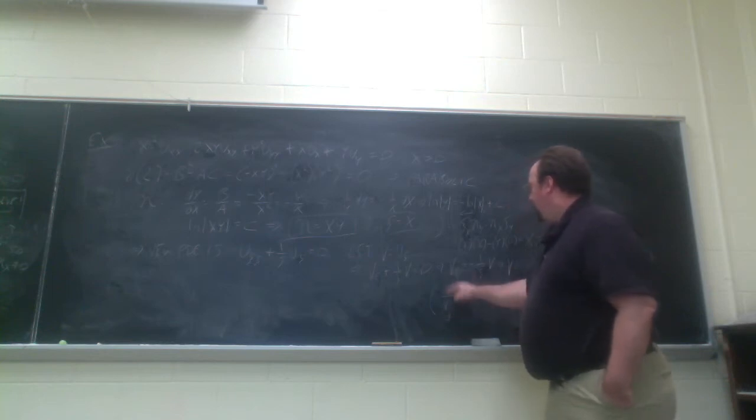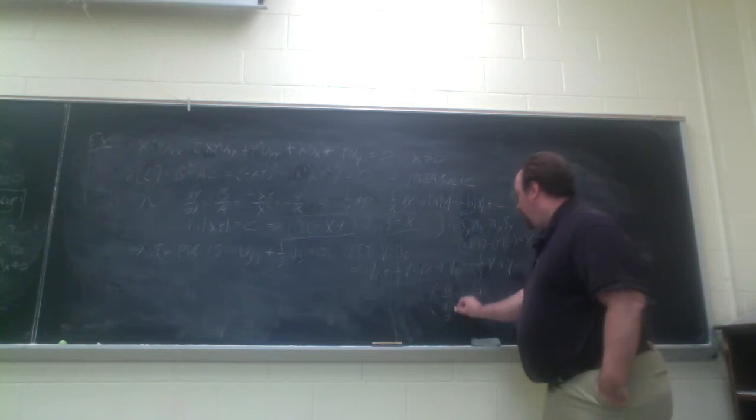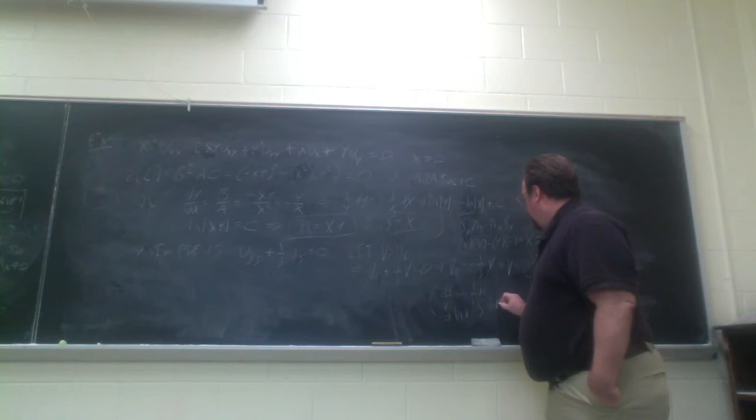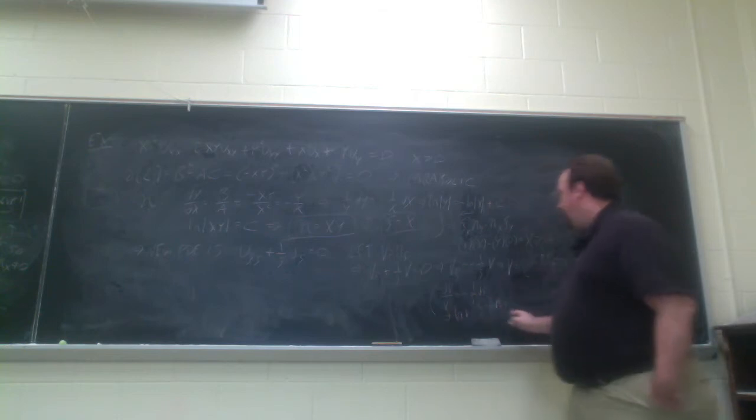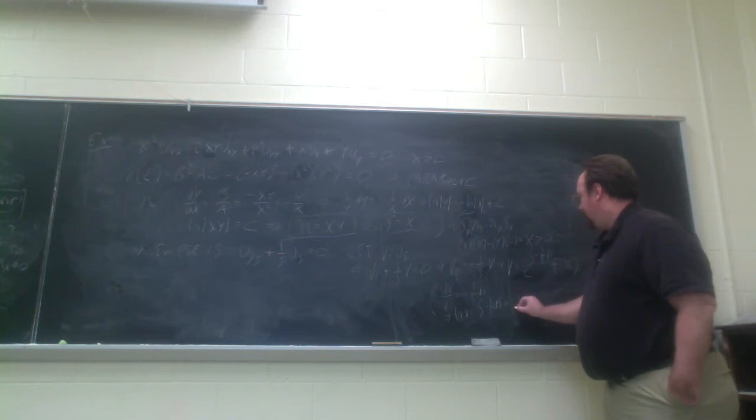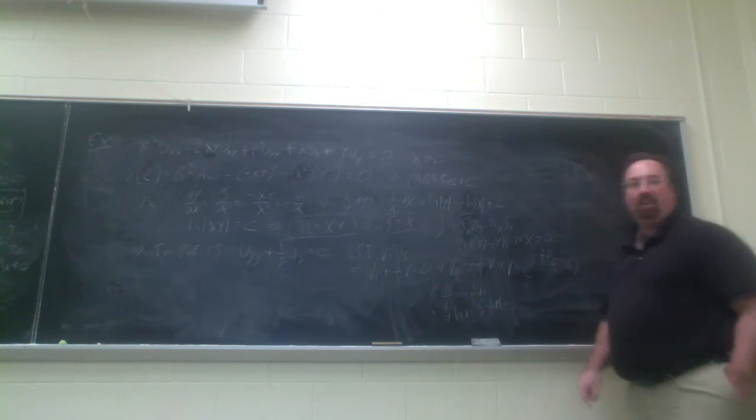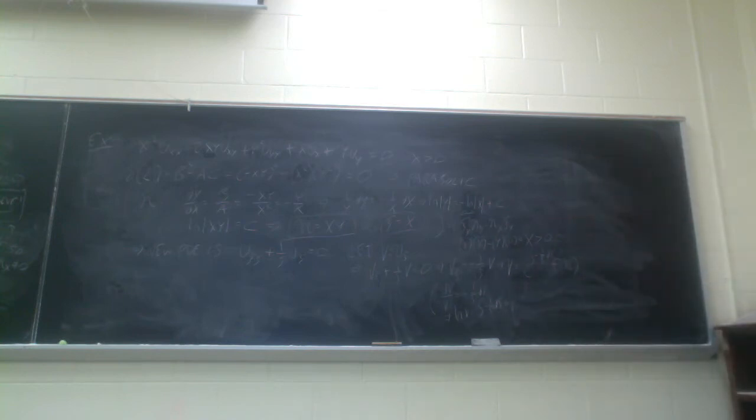Here's what happens. You integrate this, you get natural log of v, and you integrate this, and you get the integral of that. And then you take the exponential of both sides.